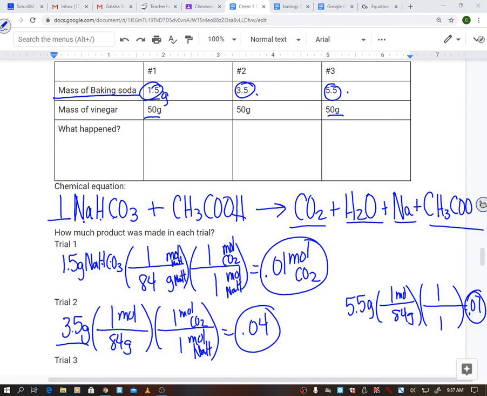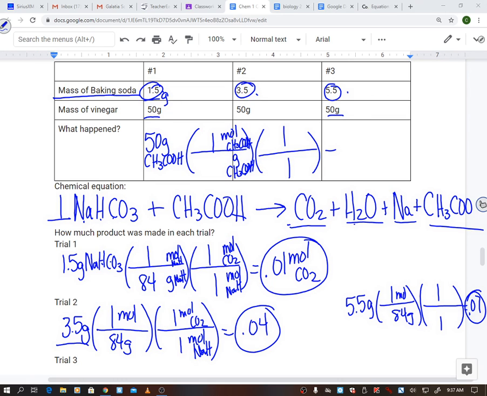All right, so this is limiting me. If you were to go up here and plug in 50 grams of vinegar, CH3COOH, and try to figure out how much CO2 you made, this is still just a 1 to 1 because everything up here is a 1. So the second step's always going to be a 1 to 1 on this one.